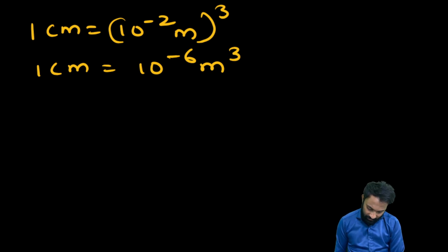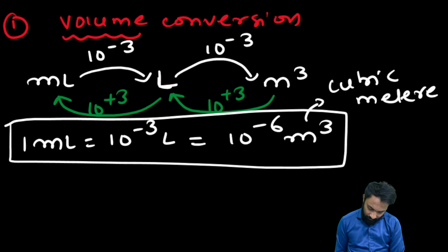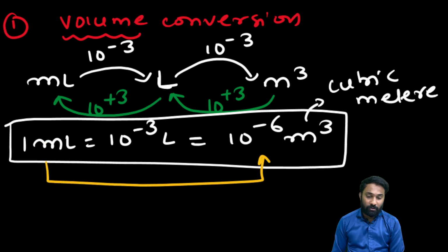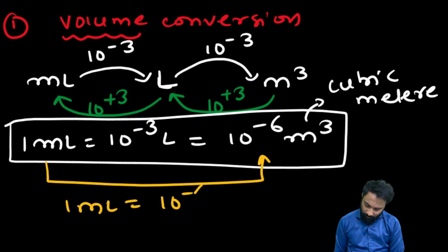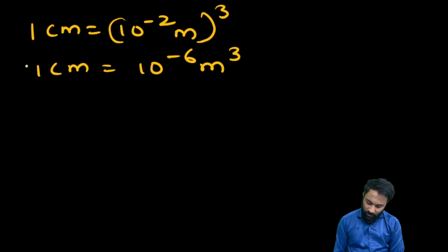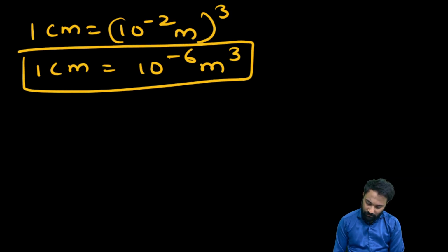Then you can see here 1 ml will be equal to 10 to the power minus 6 meter cube, right? Done.